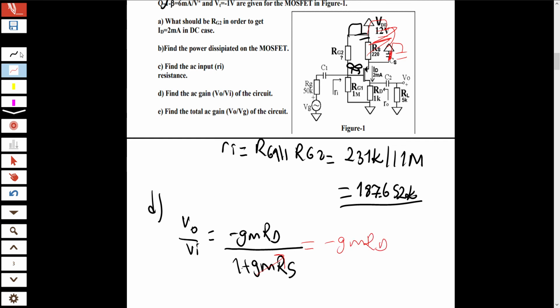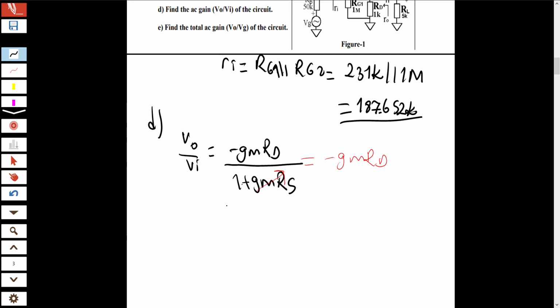So what is Gm? Let's calculate the Gm first for finding gain.